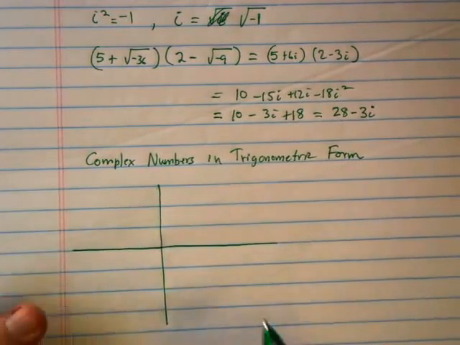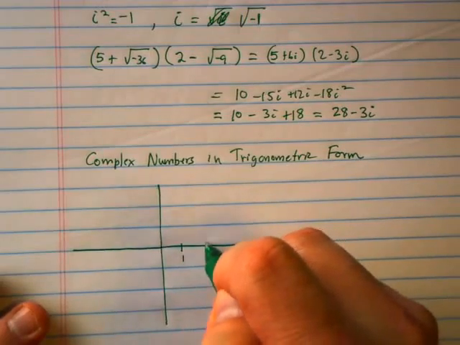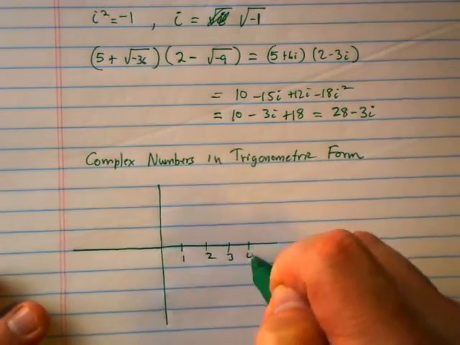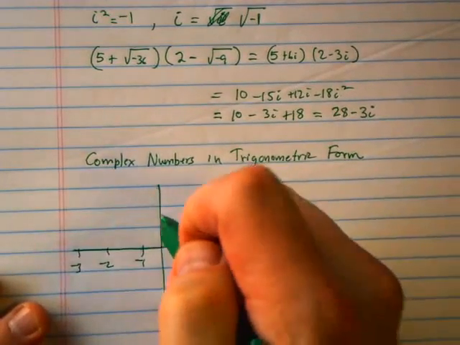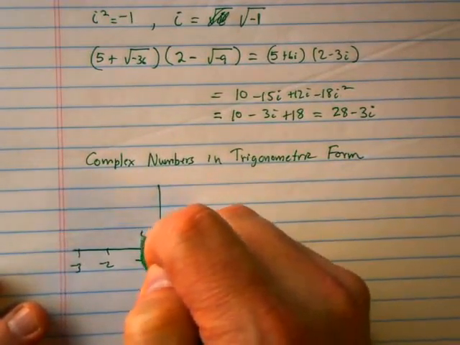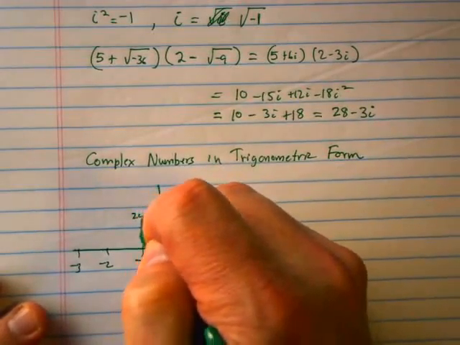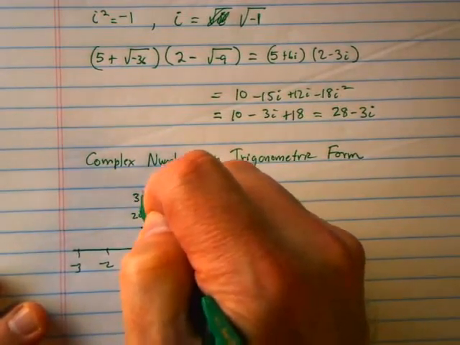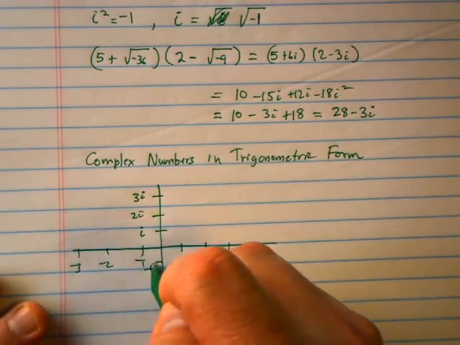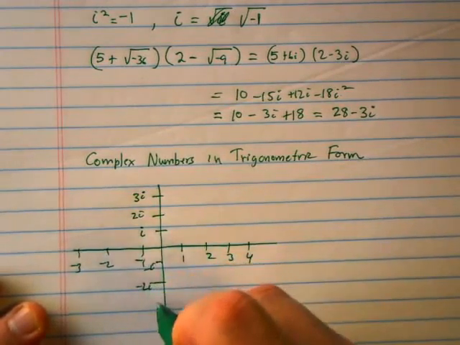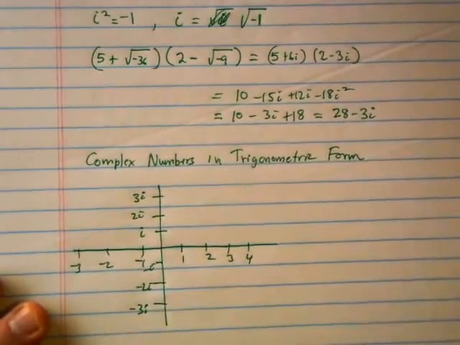So on the x-axis, we're going to have real numbers: 1, 2, 3, 4, negative 1, negative 2, negative 3. On the y-axis, we're going to have imaginary numbers: i, 2i, 3i, negative i, negative 2i, negative 3i.